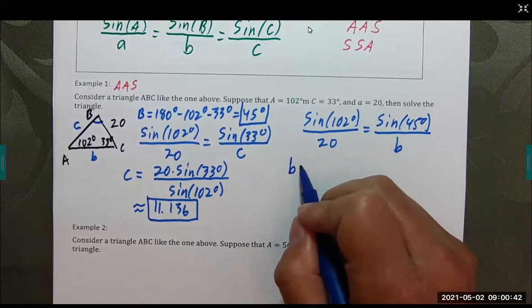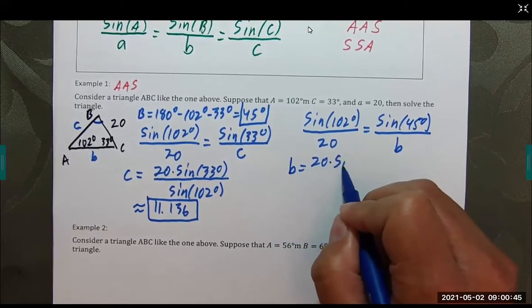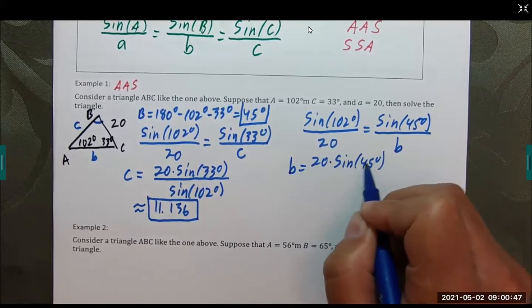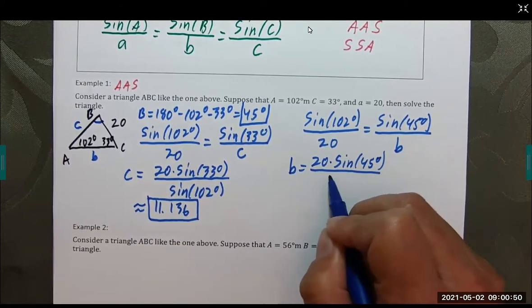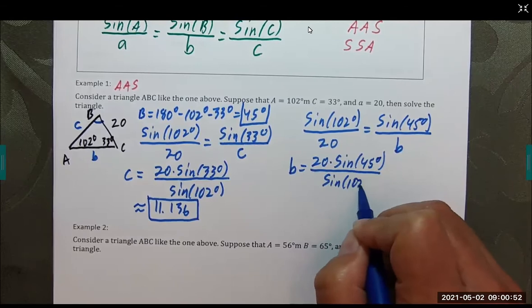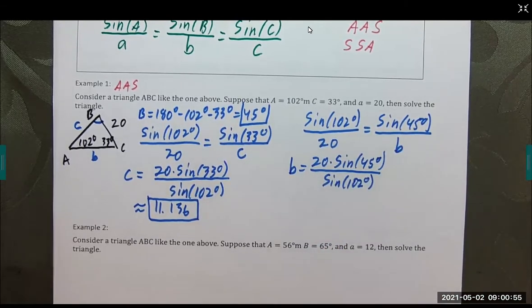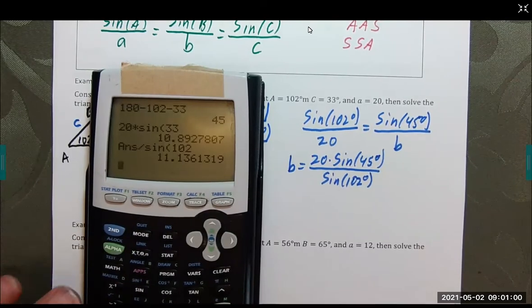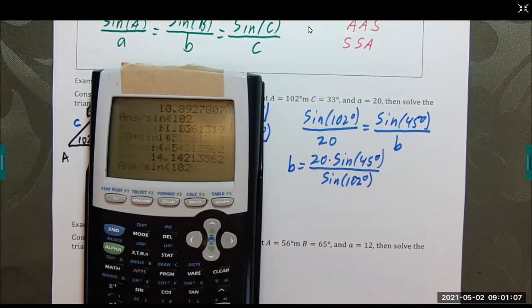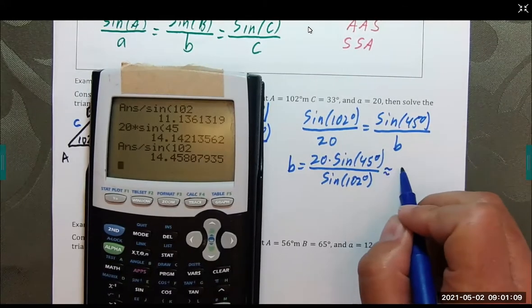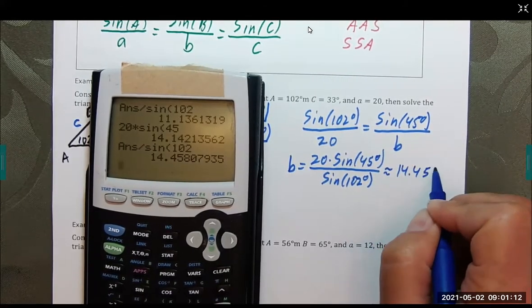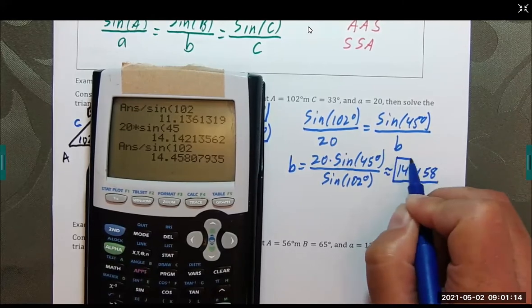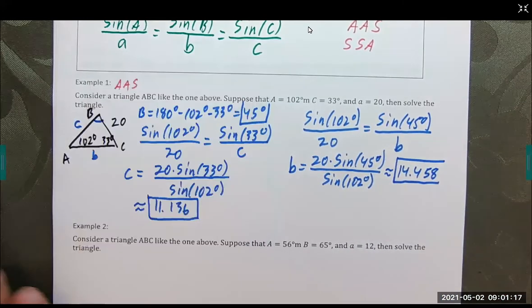I end up with B is equal to 20 times the sine of 45 degrees over the sine of 102 degrees. So 20 times the sine of 45 divided by the sine of 102. And that is how you solve a triangle using the law of sines.